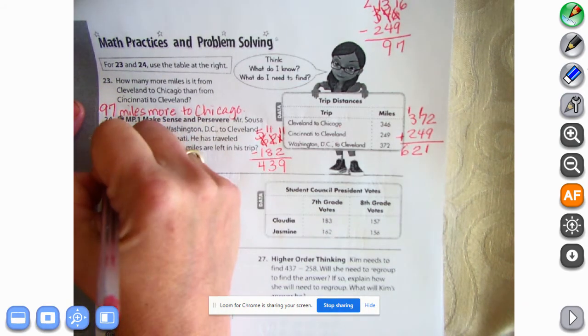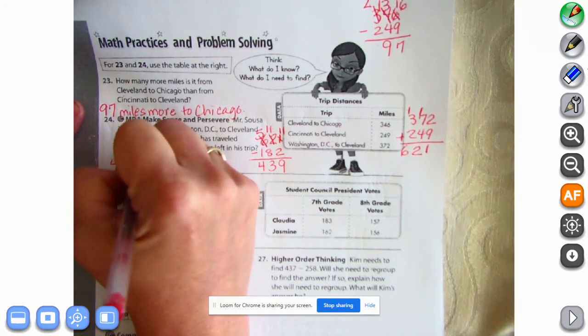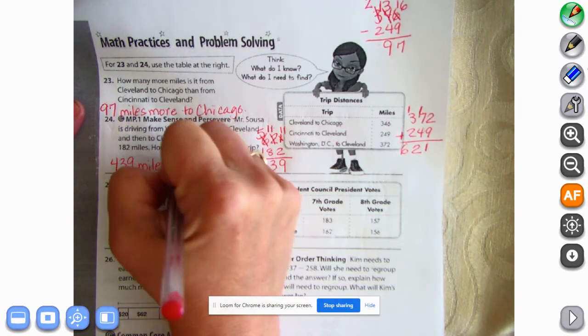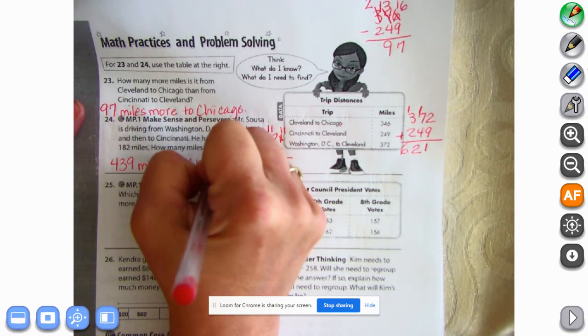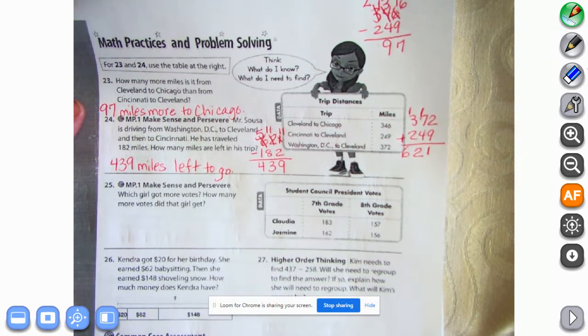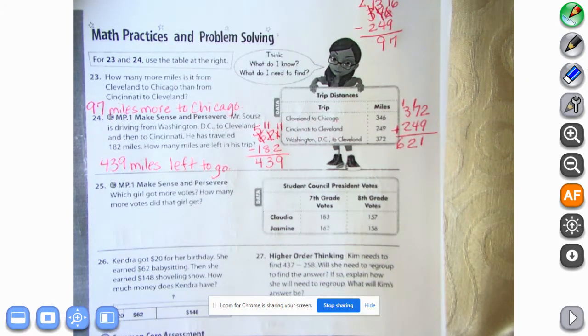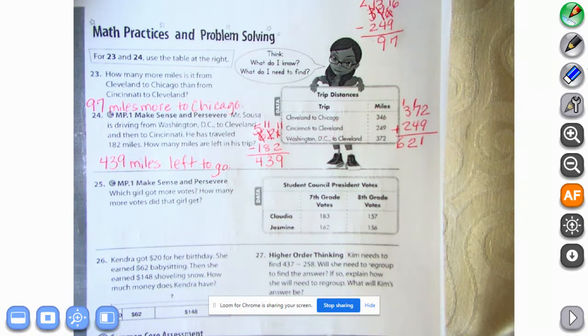So there is 439 miles left to go. All right. Okay, make sure you pause so you can get that all written down.